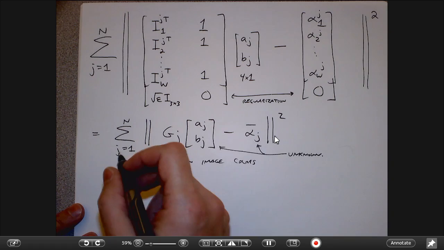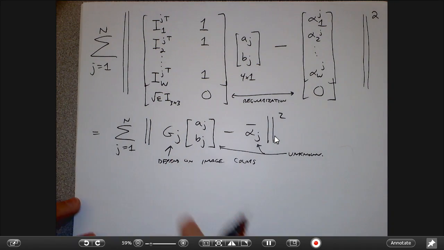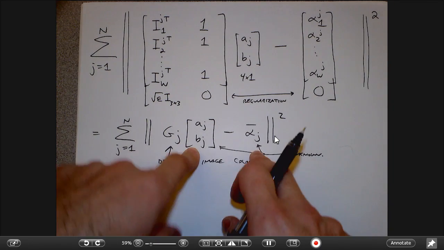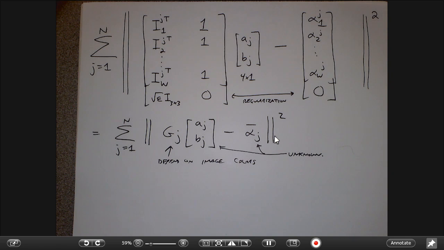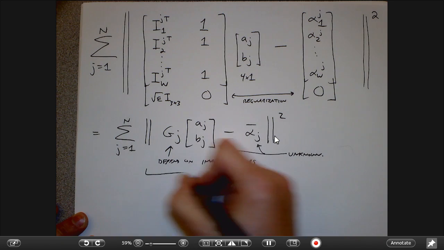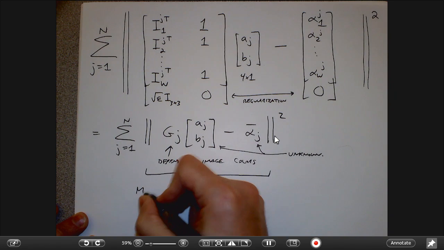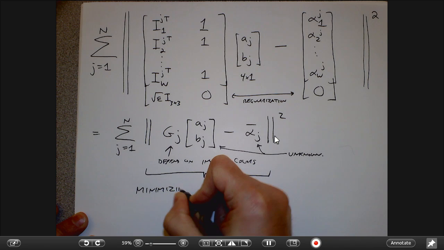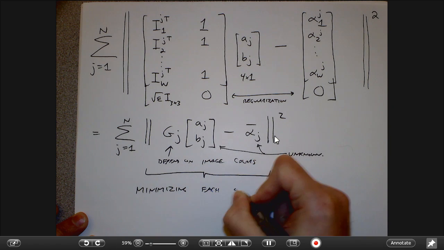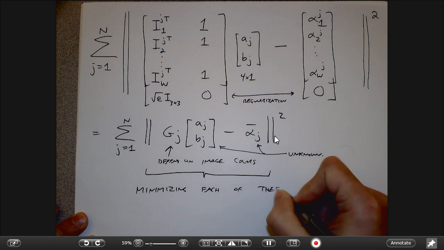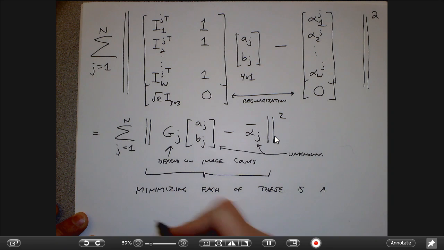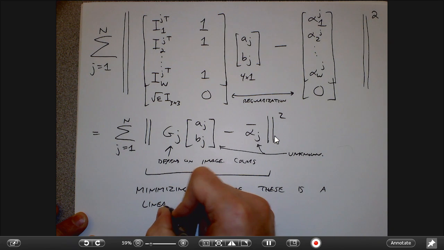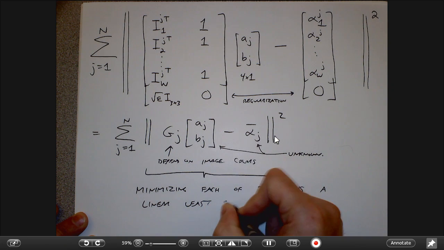And so the whole point of this is I want to make sure that this vector is close to that vector for all the windows, right? So how do I minimize this difference? Minimizing each of these is a linear least squares problem.